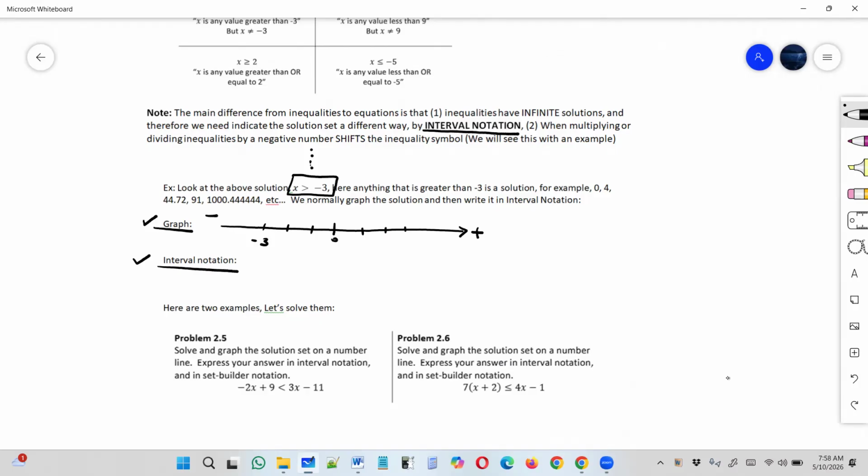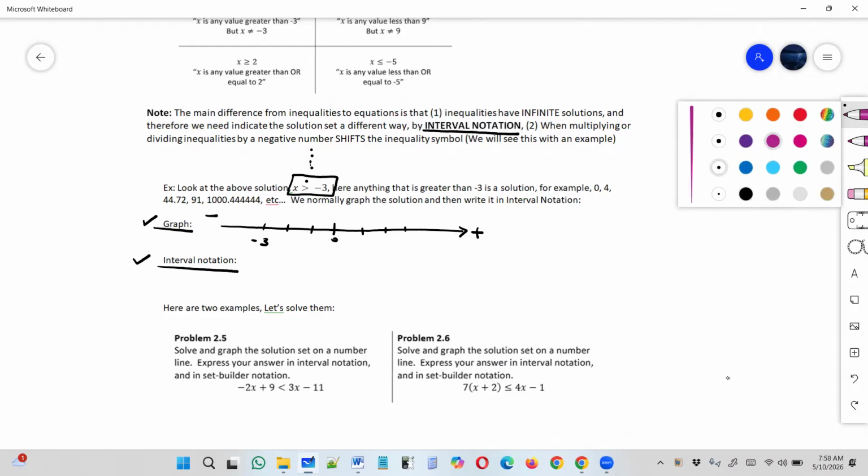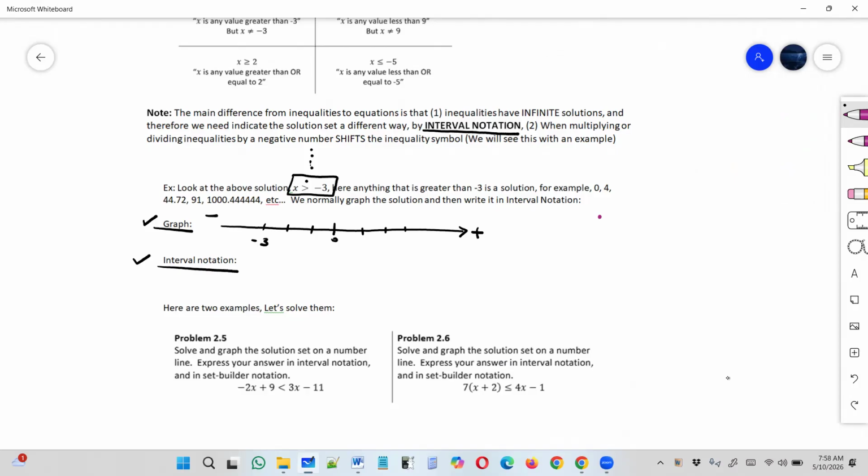Okay. Now the inequality symbol says greater, so greater meaning to the right. So I would shade everything that is on the right of -3 here. Obviously, I can't shade it forever, so I indicate that by the arrow. All right. Now, if the inequality symbol does not have the equal sign, we use parentheses.